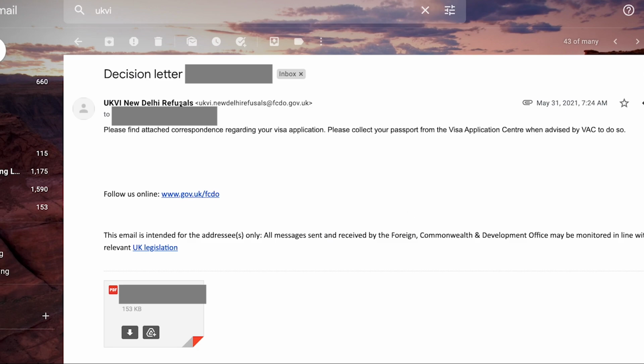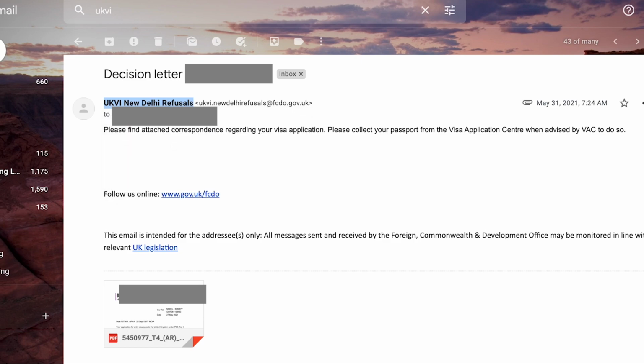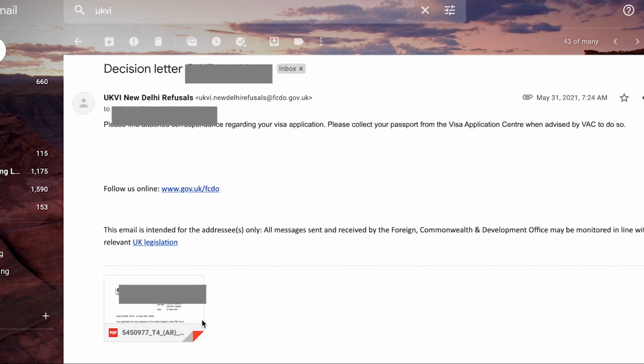As you can see, it says decision letter. This is my reference number of the application. The name of this email handle is UKVI New Delhi refusals, and there is a decision letter attached here, which says why my application got rejected.